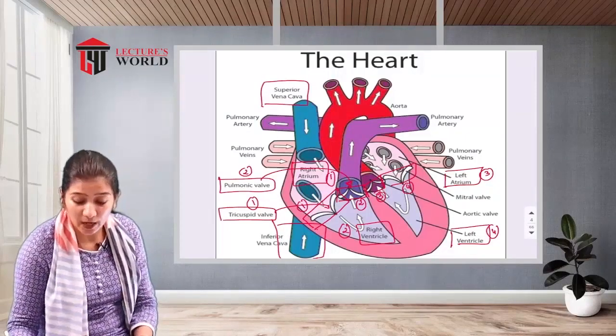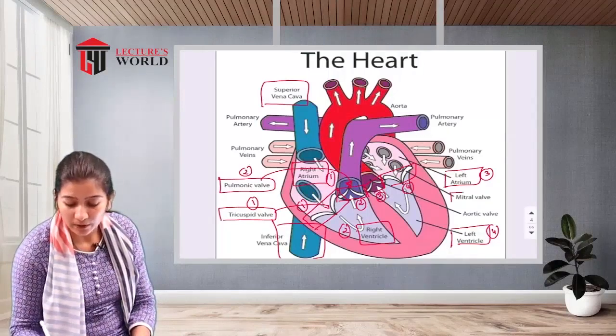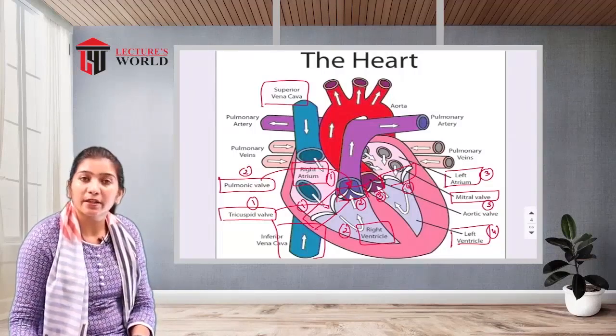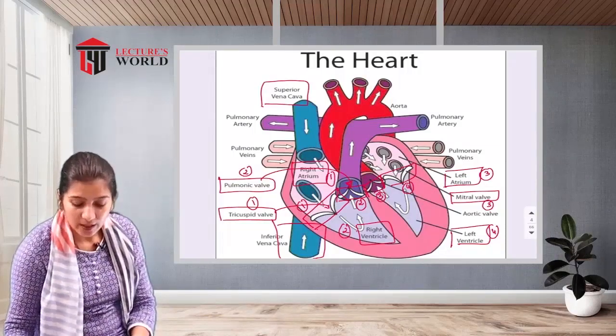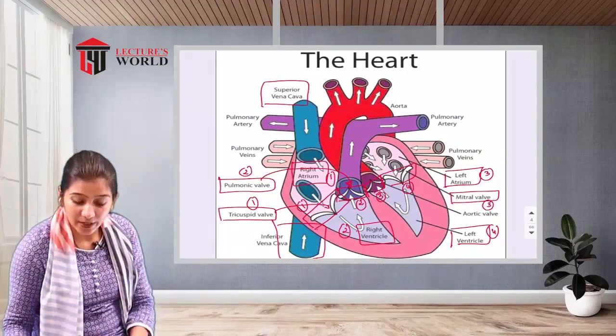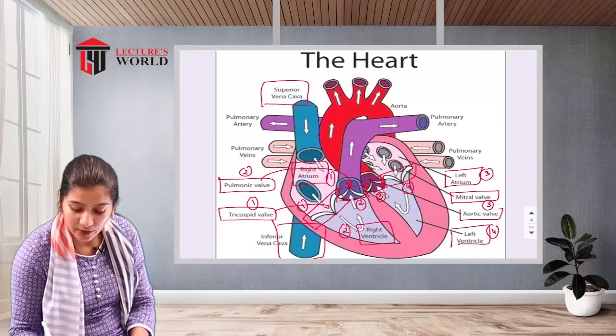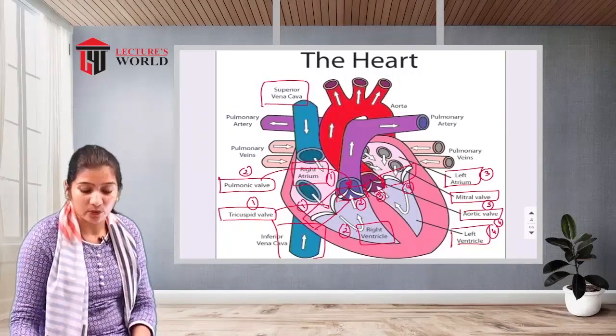Now the third valve is the mitral valve. The mitral valve is present between the left atrium and left ventricle, and at the left ventricle one valve is present, that is known as the aortic valve. So that's all about the valves.